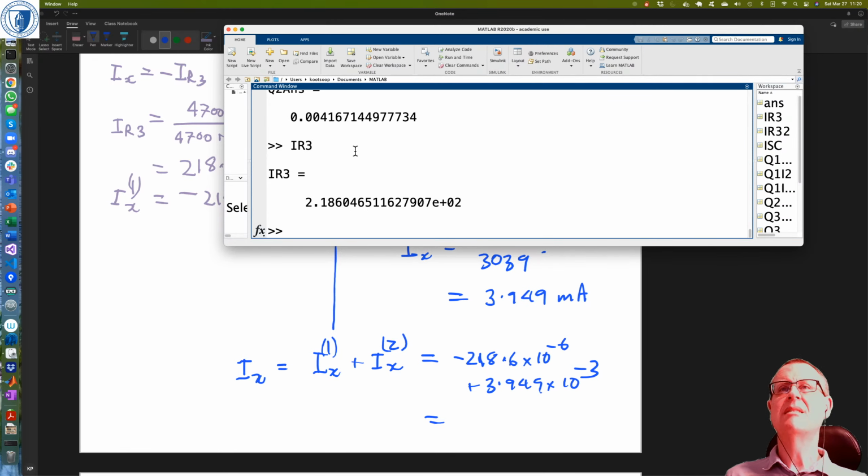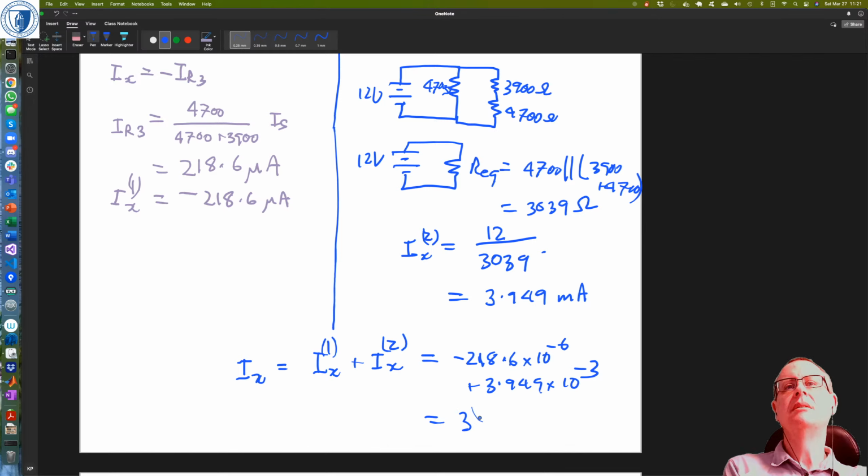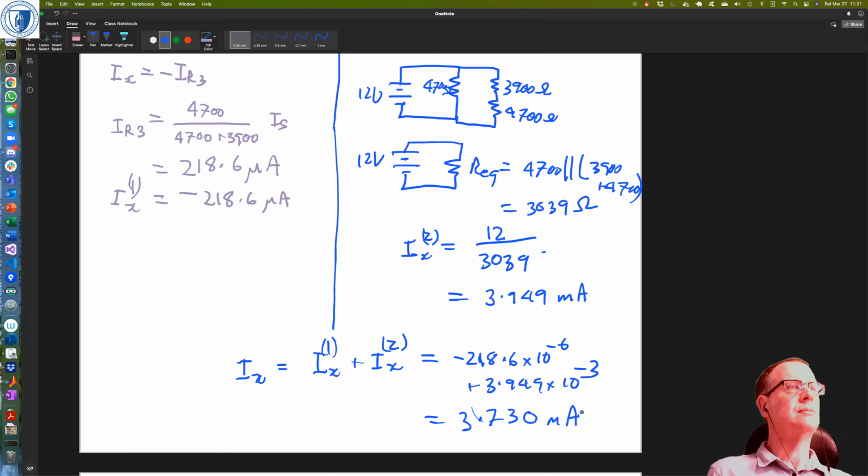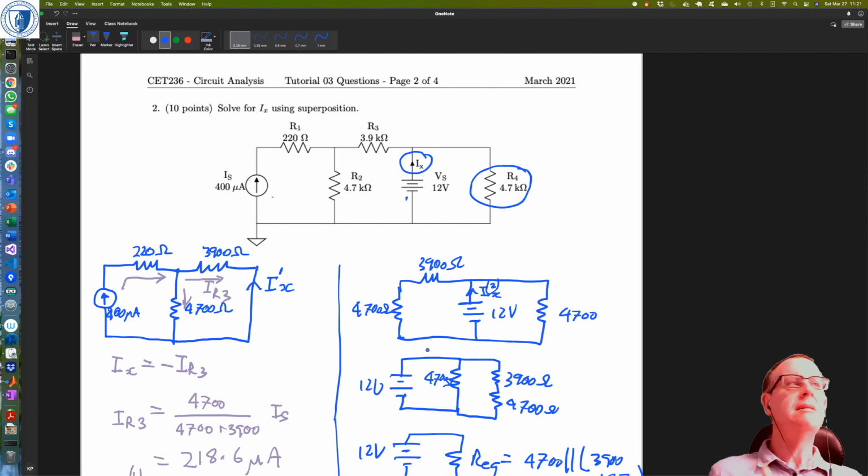IR3 is that. Oh, that's because I forgot to negate it. There we go, that's more like it. 3.730. Okay, so that's the second superposition question.